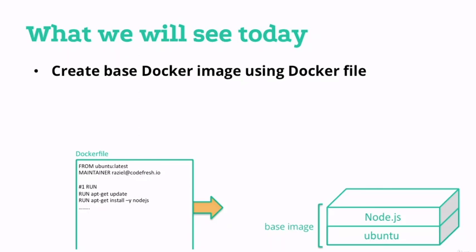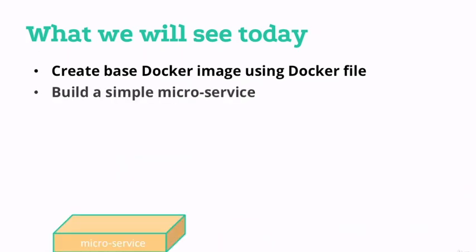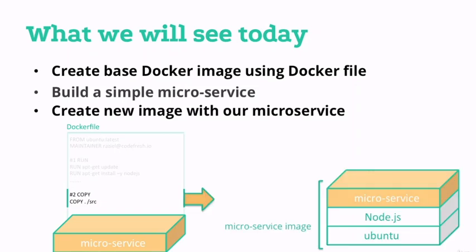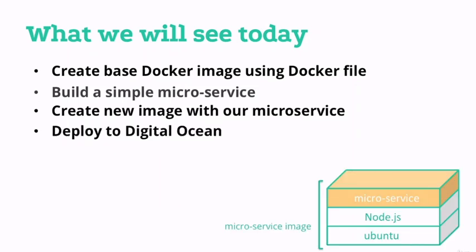We will talk about the caching mechanism of Docker, and then we will create a simple microservice and update the Dockerfile to create an image that includes our microservice in it. Then in the last step, if time allows, we'll see how we can move an image from one host to the other, in this case from our local host to a remote host in DigitalOcean.